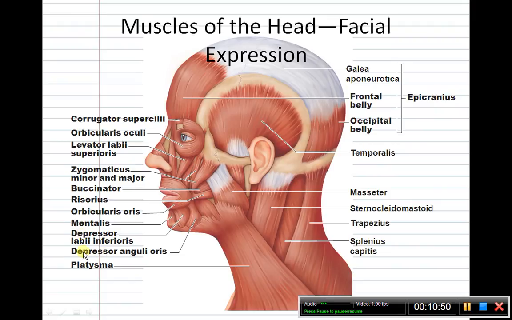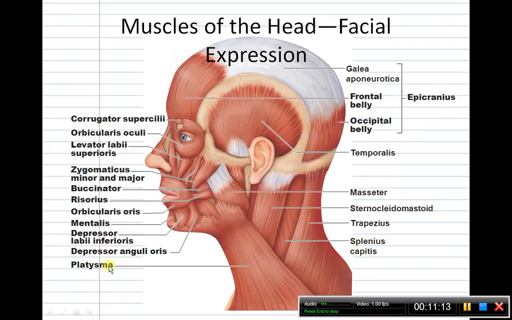Right. Next one, I like this one, depressor anguli oris. It's telling you it's doing what to the mouth? It's telling you it's pulling down on the corners of the mouth. Depressor is pulling down, anguli is at the corner, or the angle of the mouth, oris is telling you the mouth. So mouth angle depressor. It's making you frown.